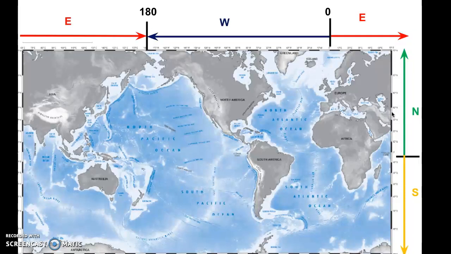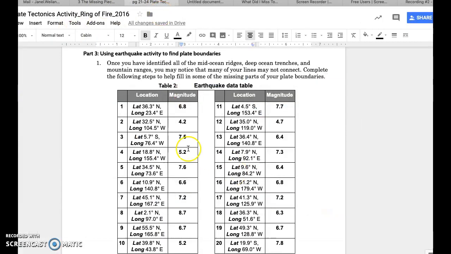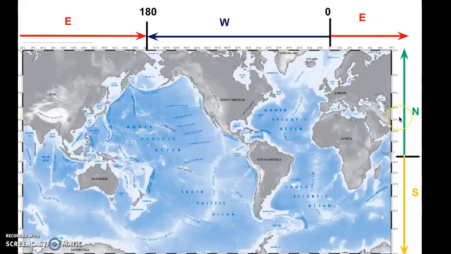Now, what I also have to pay attention to is what was my east-west reading. So I need to go back because I don't have a good memory for that kind of stuff. Okay, so 23.4 east. So if I head back here again, 23 east.